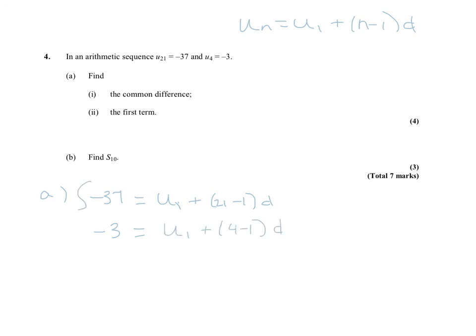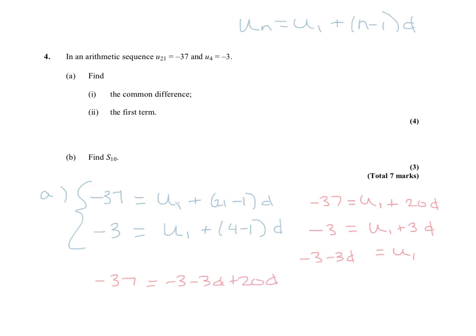This is just a system to solve. So we're going to simplify. Negative 37 equals u sub 1 plus 20d, and negative 3 equals u sub 1 plus 3d. You can solve by substitution or elimination. Let's say I solve my second equation for u sub 1 and plug it into my first equation and simplify.